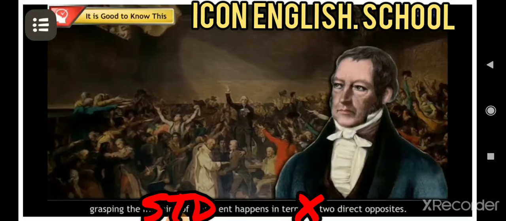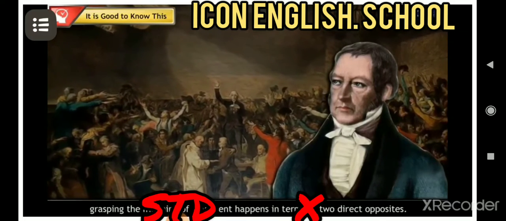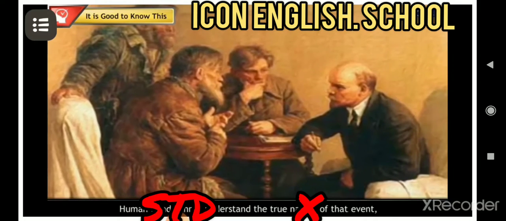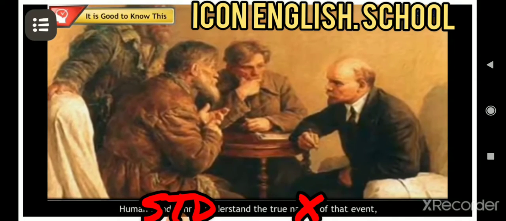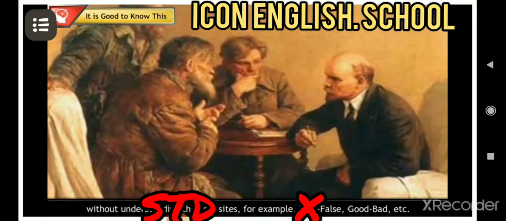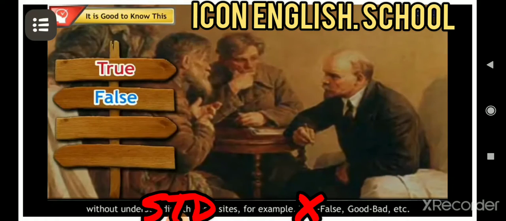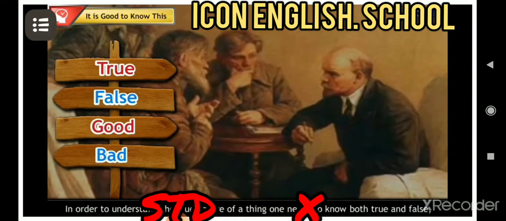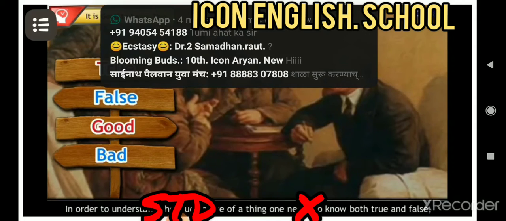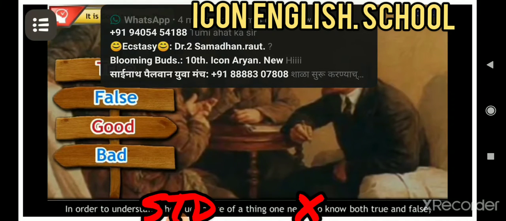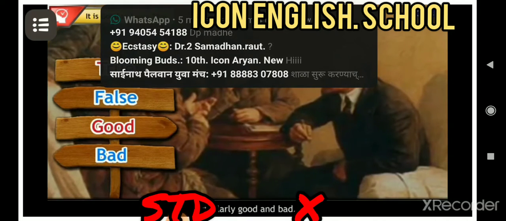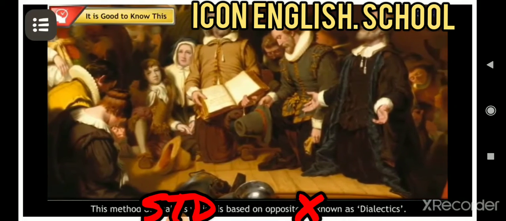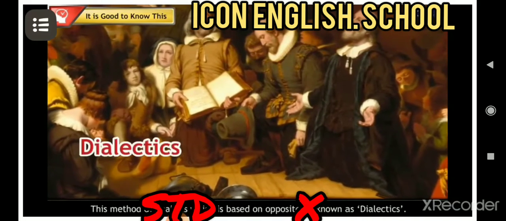According to Hegel, grasping the meaning of any event happens in terms of two direct opposites. The human mind cannot understand the true nature of that event without understanding the opposites. For example, true, false, good, bad, etc. In order to understand the true nature of a thing, one needs to know both true and false, similarly, good and bad. This method of analysis, which is based on opposites, is known as dialectics.